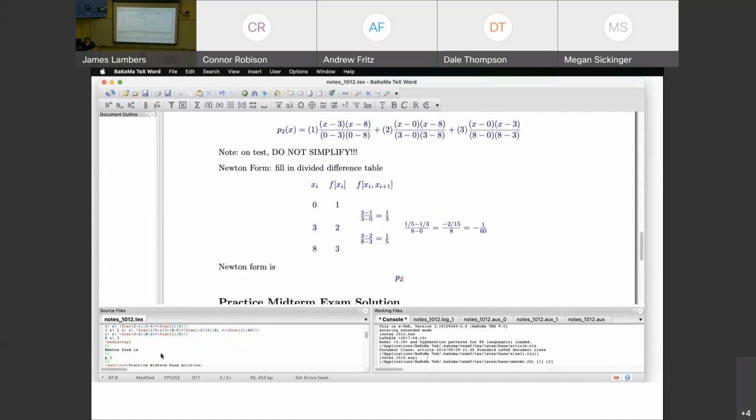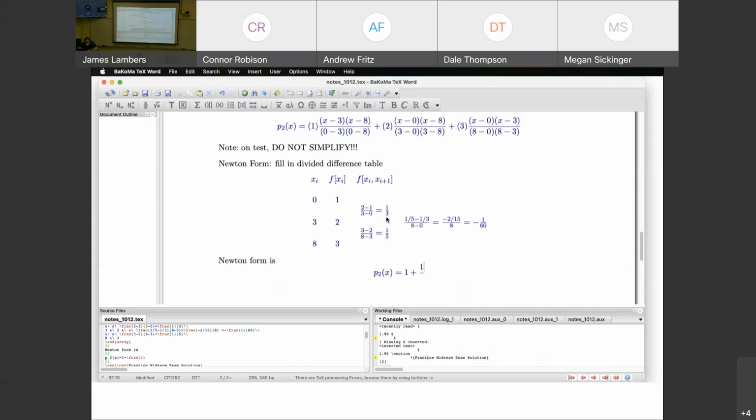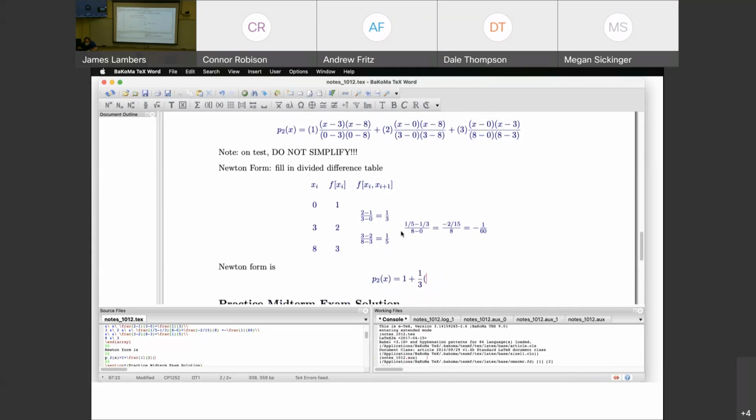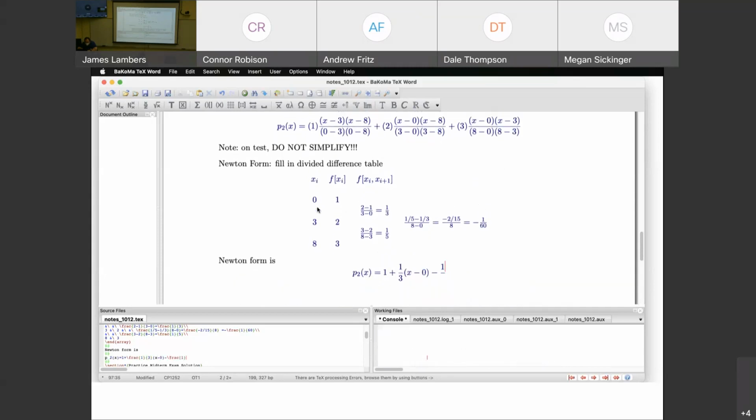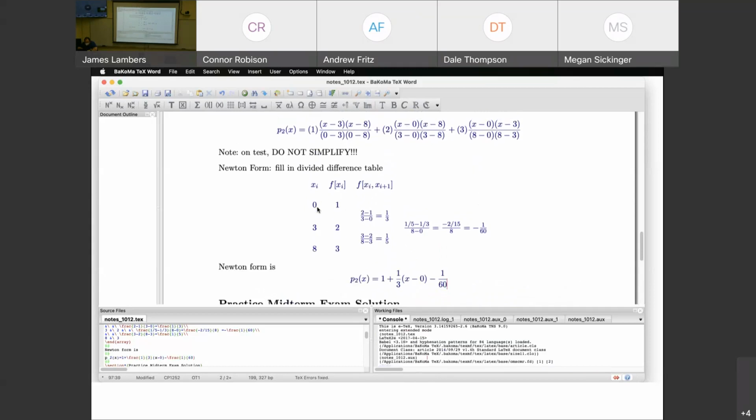So P2 of x will be equal to this divided difference, so 1 just by itself, plus the second divided difference, which is 1/3, times x minus the first point, that'd be 0. And then I have minus 1/60 times x minus 0 again, and then times x minus the second point, x minus 3.